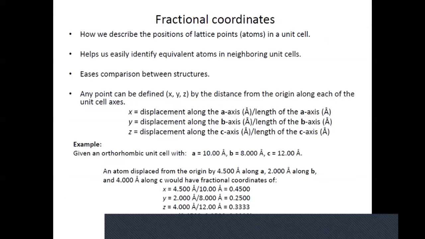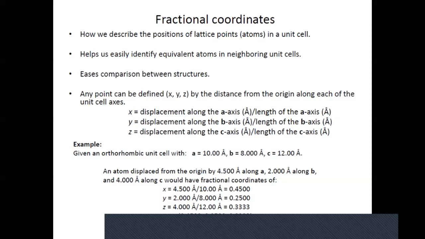And so lattice points are given the coordinates x, y, and z. And so it's very simple to determine the x, y, and z fractional coordinates. You just take the amount that the coordinate has displaced along the a-axis divided by the length of the a-axis.